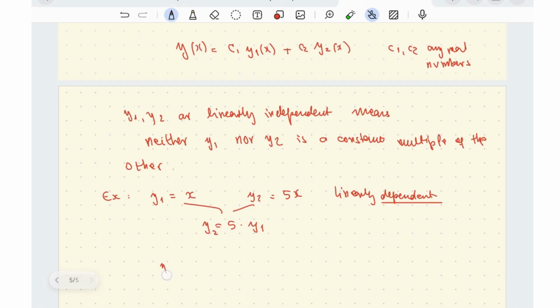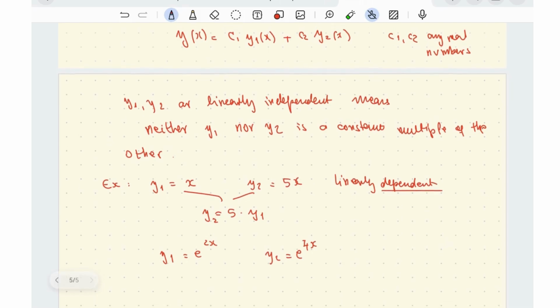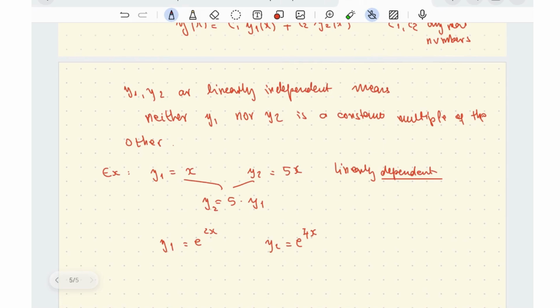However, if we have y1 equals e to the power 2x and y2 equals e to the power 4x, even though 4 is a multiple of 2, these two functions are not. These are linearly independent.